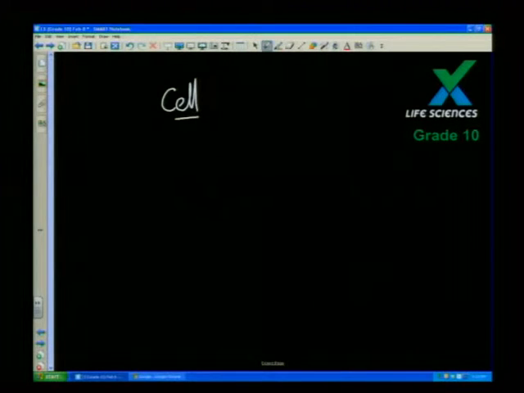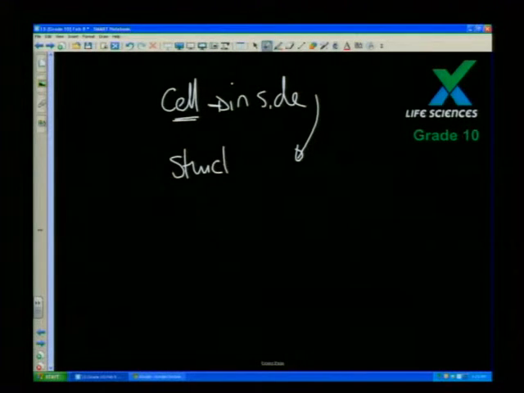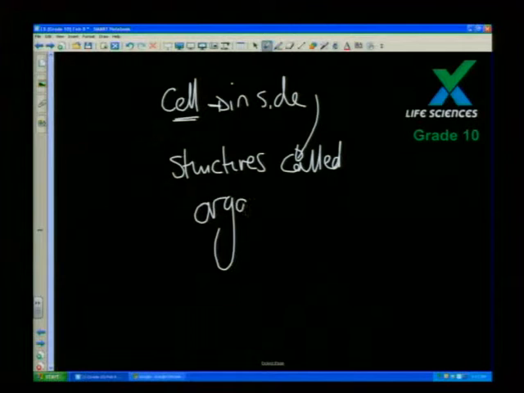You have a cell. Inside that cell, we have little structures called organelles. So, people, we're going to go one step further.